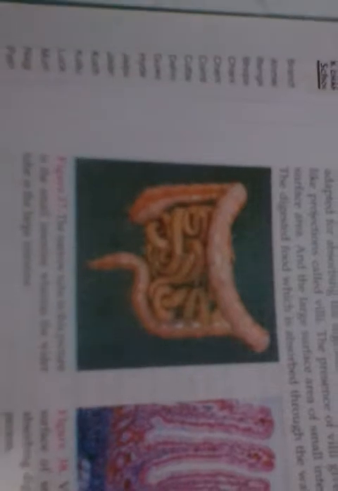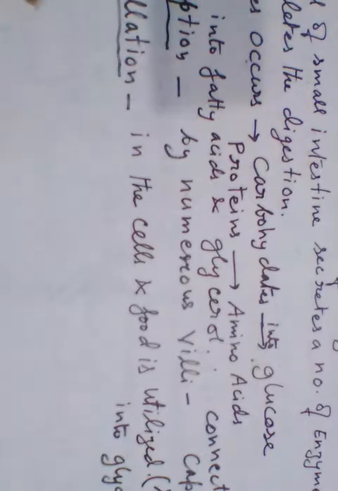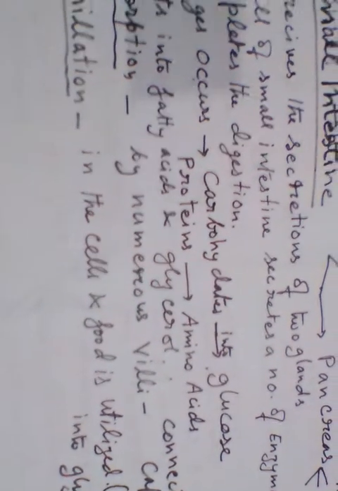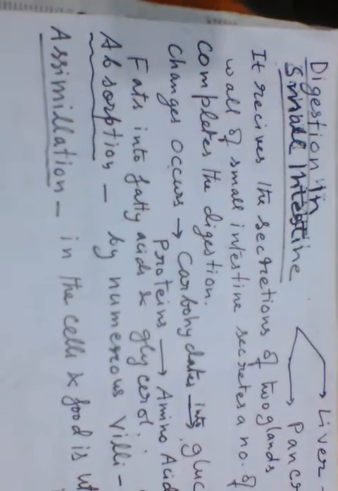Now, the most important thing after digestion is absorption. This absorption is done by the numerous finger-like projections or inner folds in the layers of the small intestine, which are called villi.